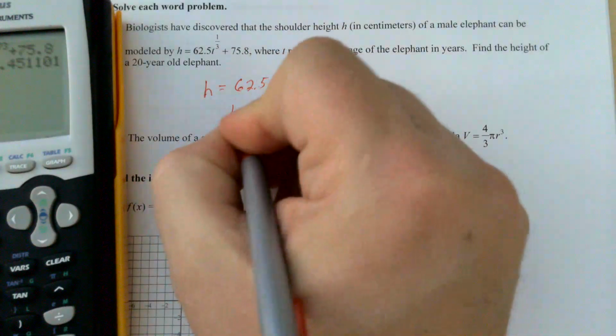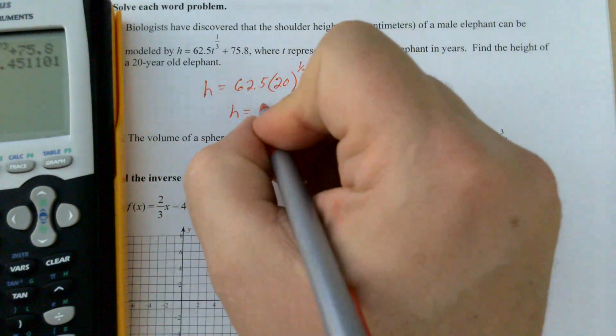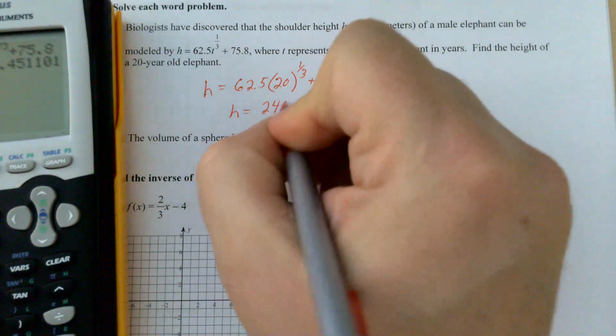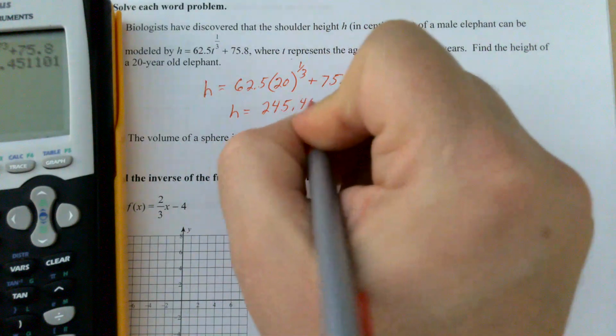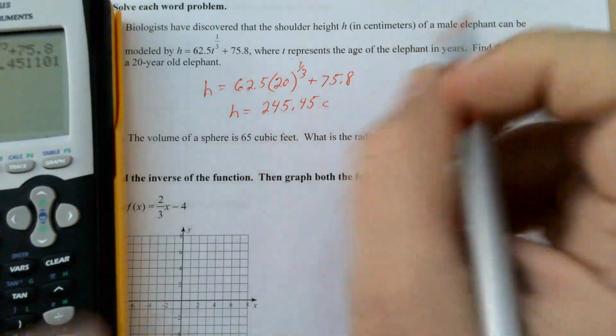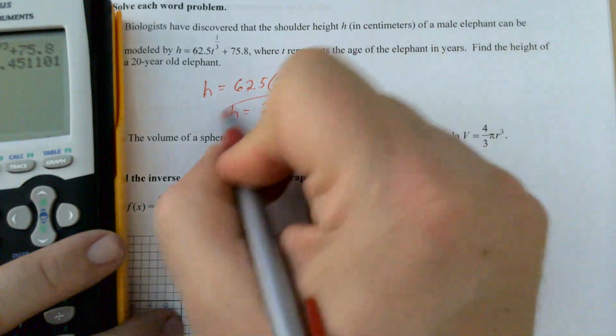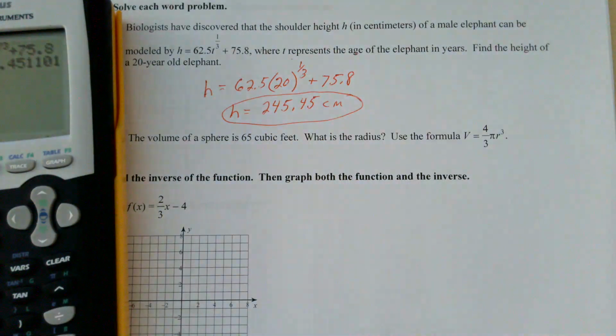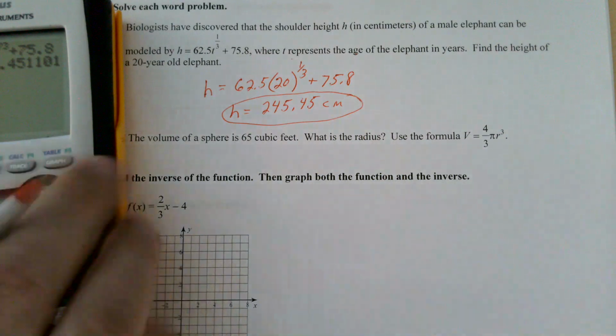I hit enter, and I can see the height is about, and I'll round to 245.45, and I believe it's centimeters. Yes. That's all I'm looking for. So it's not about inverse operation. It's about substituting in a number and then evaluating.